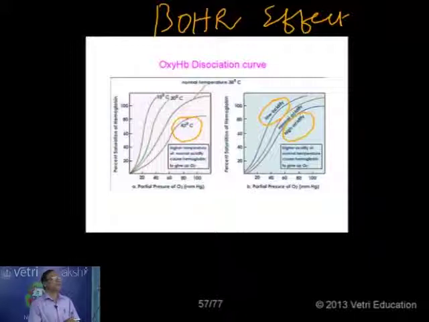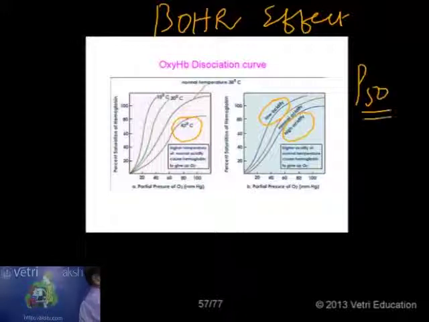The Bohr effect is always related to the P50 value. When there is high acidity and high temperature, the P50 value rises. P50 value is the value of partial pressure of oxygen at which 50% of hemoglobin is saturated with oxygen to form oxyhemoglobin.